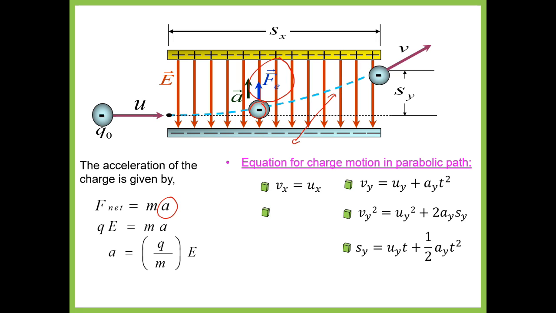So that is electrostatic force with equation QE, and QE is equal to ma, the basic equation of force in motion. So here a is equal to Q over m times the electric field strength. So this acceleration is always acted for vertical motion.